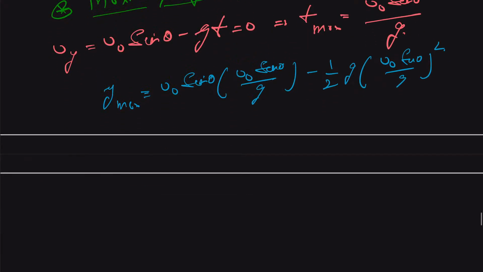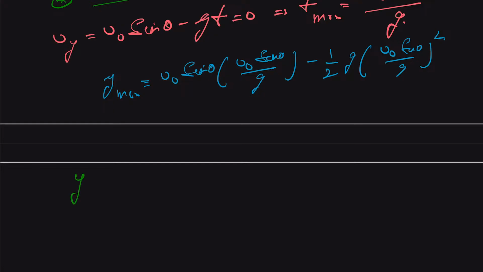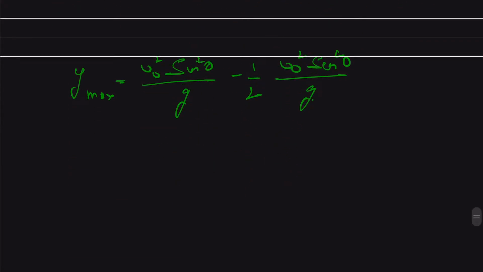So we get that y max is equal to v naught square sine square theta upon g minus half v naught square sine square theta upon g, and we get that the maximum value y max is equal to v naught square sine square theta upon 2g.